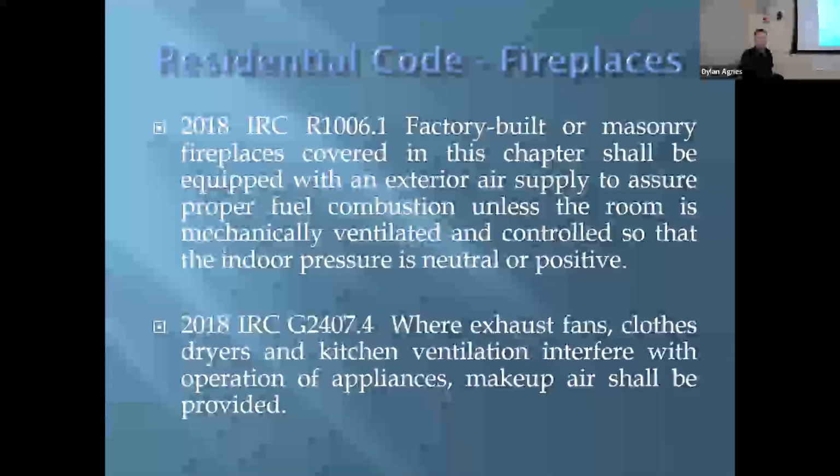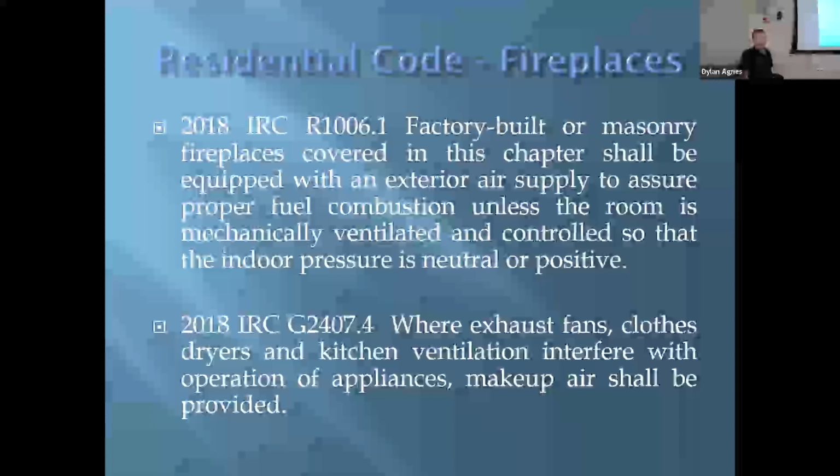So we have 2 sections in the residential code. One of them just says that we have to ensure that the room is ventilated and controlled so the indoor pressure is neutral or positive.